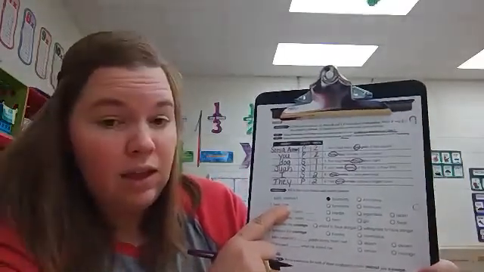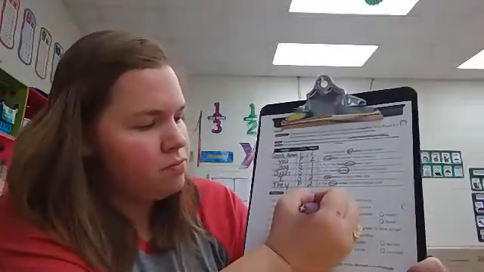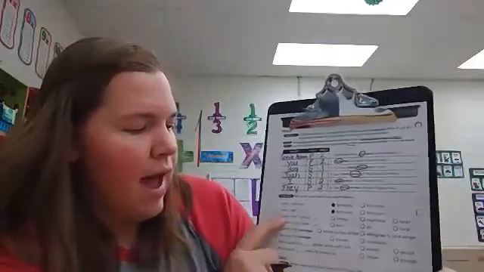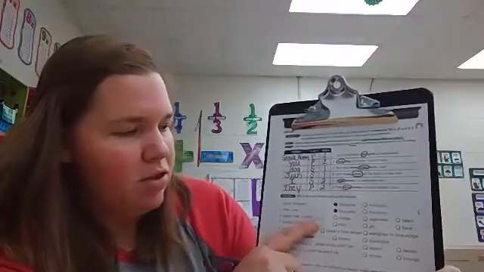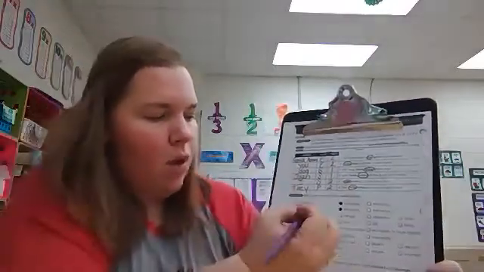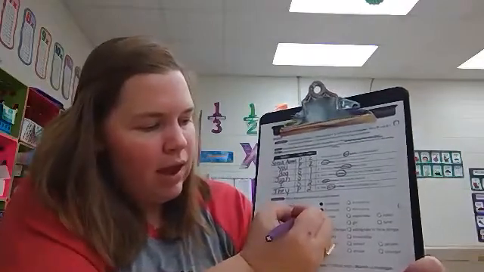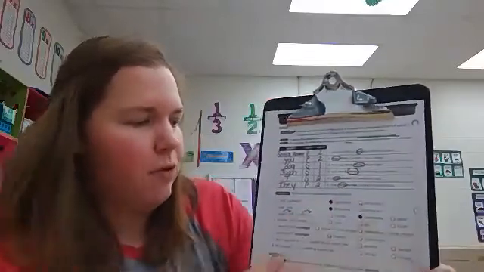Again, these mean the same, synonyms. Now we have some analogies. Apple is to fruit as carrot is to blank. So an apple is a fruit, a carrot is a vegetable. You're looking at relationships for analogies.